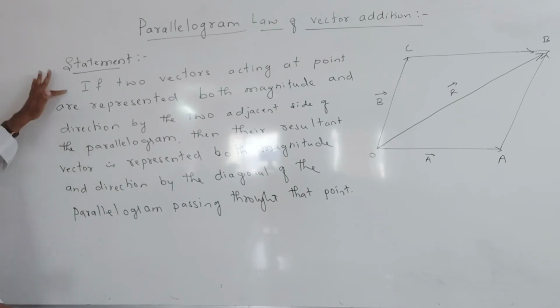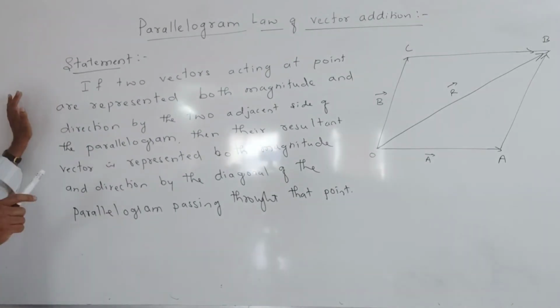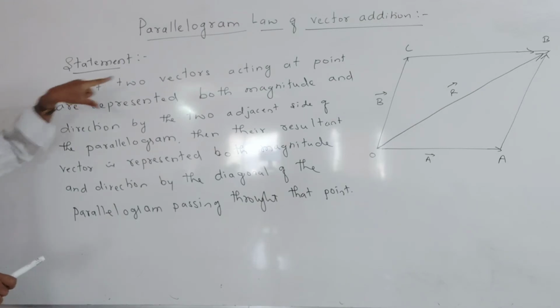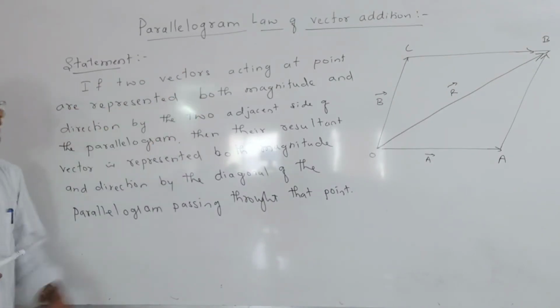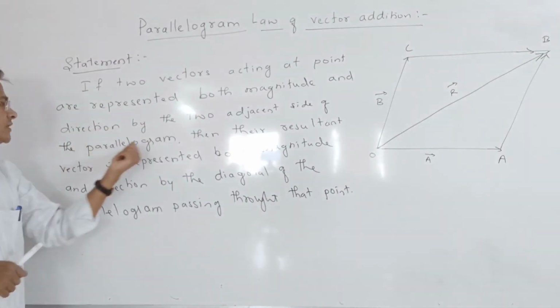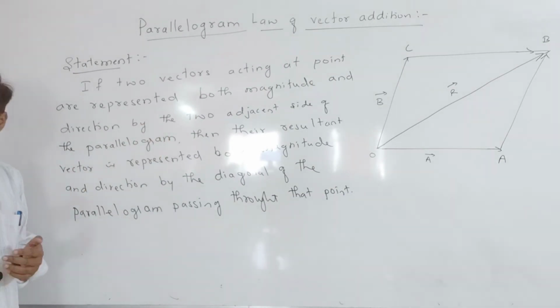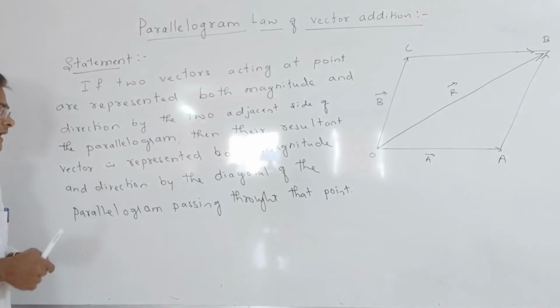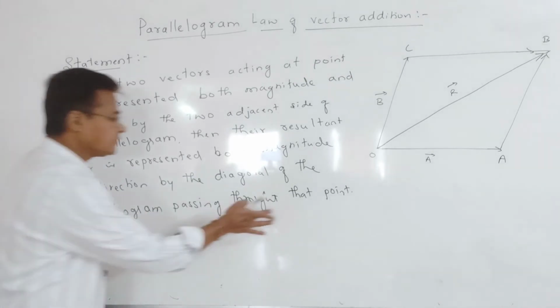If two vectors acting at a point are represented both in magnitude and direction by the two adjacent sides of the parallelogram, then the resultant vector is represented in both magnitude and direction by the diagonal of the parallelogram passing through that point.